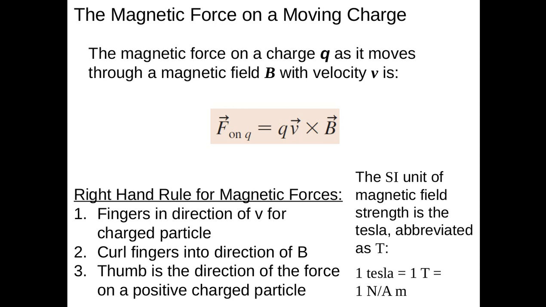So it's v cross B, and it's also directly proportional to the charge of that particle. Now notice I don't have absolute value bars here, so we're going to have to talk about how the sign of the charge, whether it's positive or negative, affects the direction of the force. So this isn't necessarily the magnitude of the charge, but it is directly proportional to the charge.